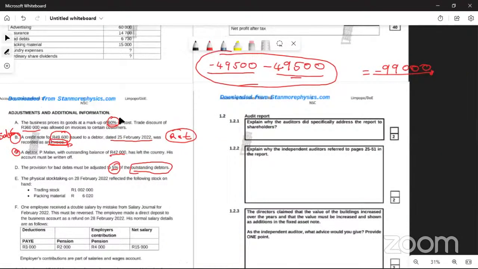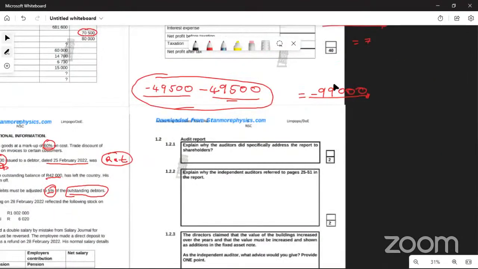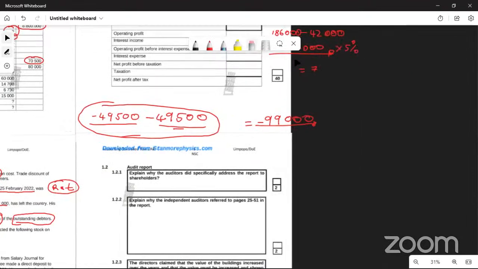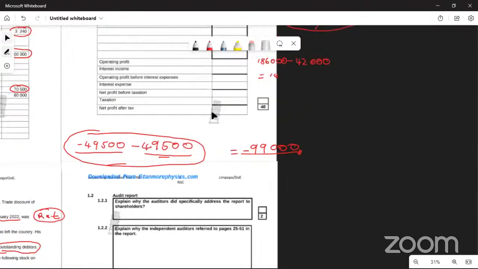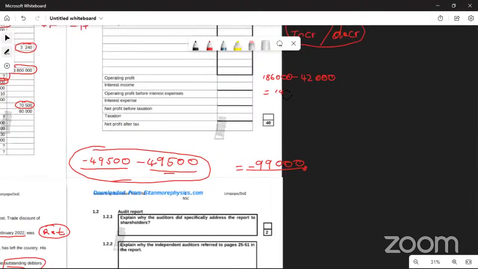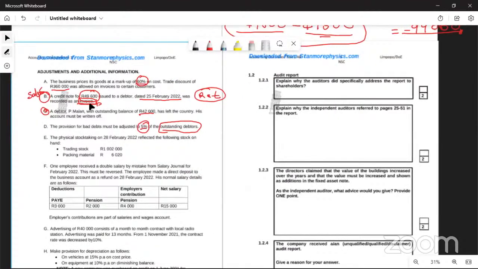Before we use that 5%, we need to first go back to our debtors amount, everything that is affecting debtors. The first thing affecting debtors was those returns, which were 49,600.